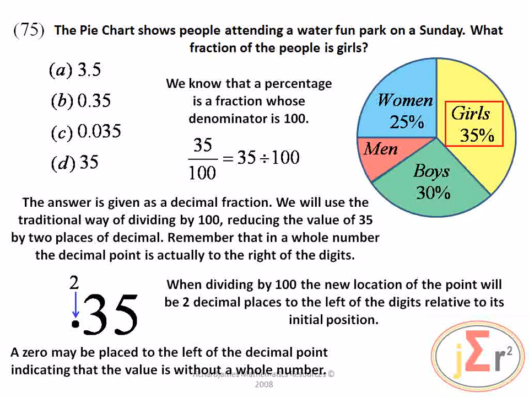A 0 may be placed to the left of the decimal point, indicating that the value is without a whole number part. So 0.35 means that we have no whole number, but we have a fractional part. So the correct answer is option B.